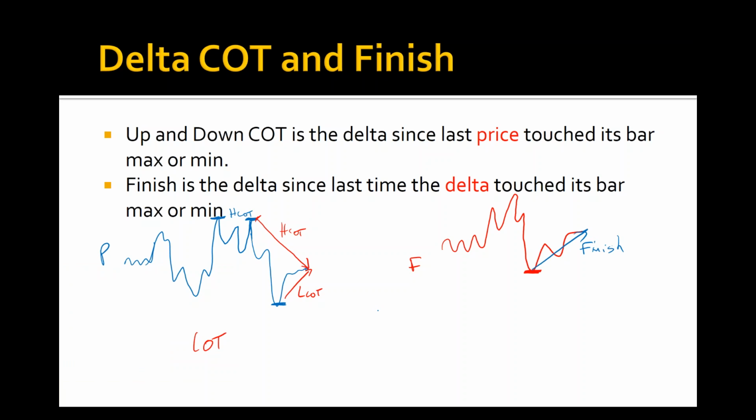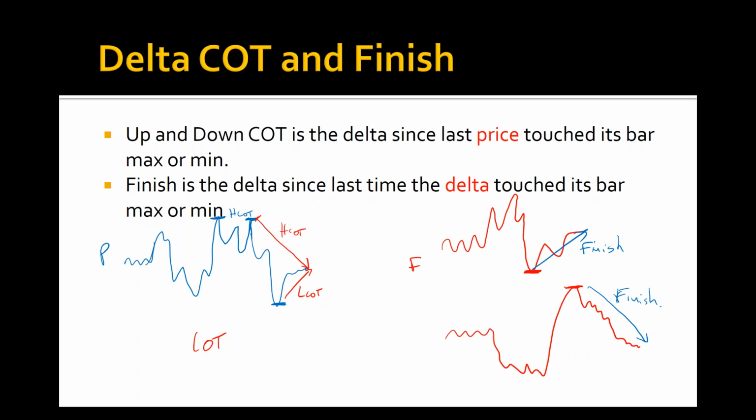Okay, so now we're going to draw the other way around. What happens if it first touches the minimum and then touches the maximum and then closes like here? Then in this case, it touched the maximum last, and the finish will be this. Okay, this is delta finish.